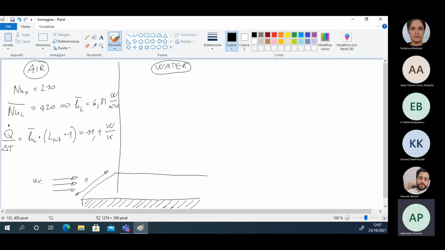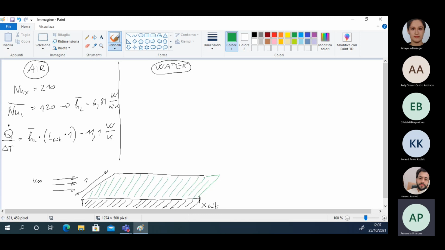The fluid is this one, and I consider the area corresponding to X critical. So the active area in this case is referred to this length.